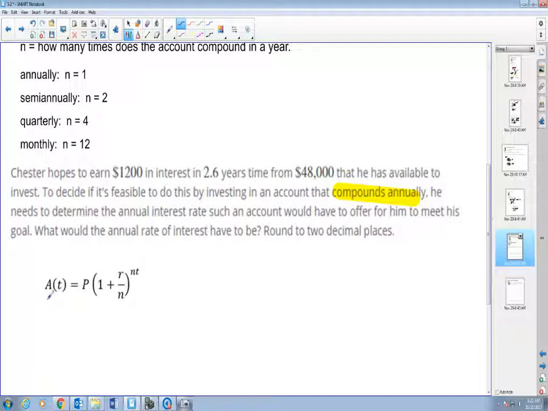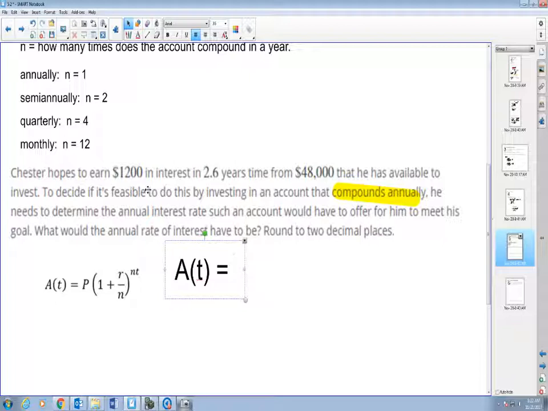A of T is the amount of money he will have after 2.6 years. What he wants is to earn $1,200 in interest. So in his account, he will have more than $1,200 because he already put in $48,000 initially.